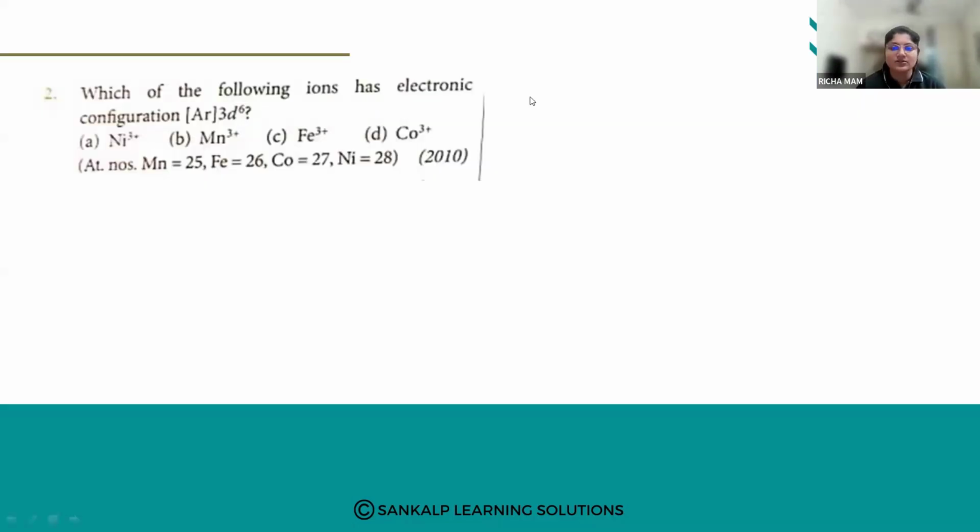So this is the first question. Which of the following ions has the electronic configuration? There is one electronic configuration given. You have to tell which of the following ions has the electronic configuration of argon 3d6.